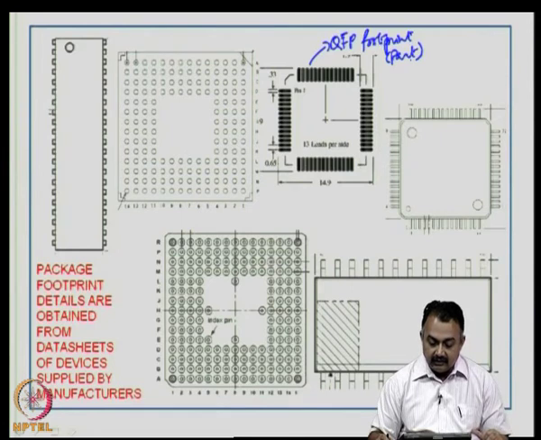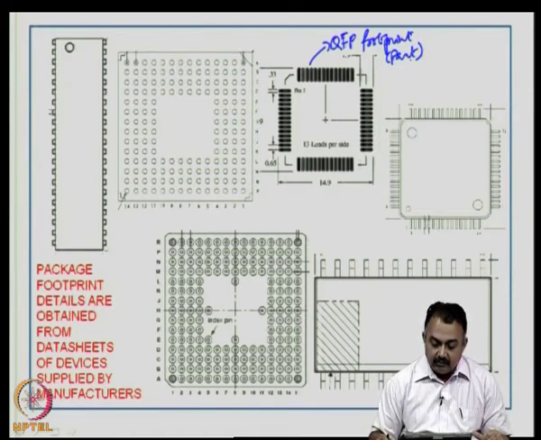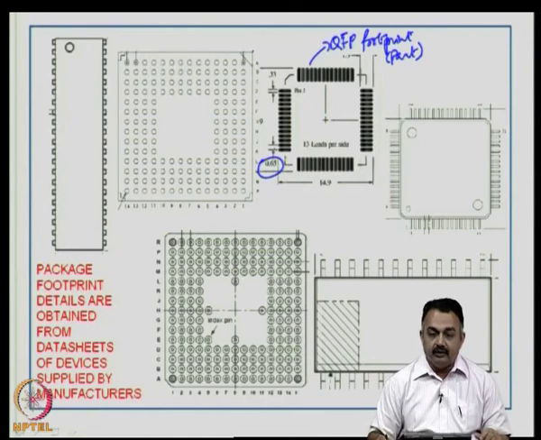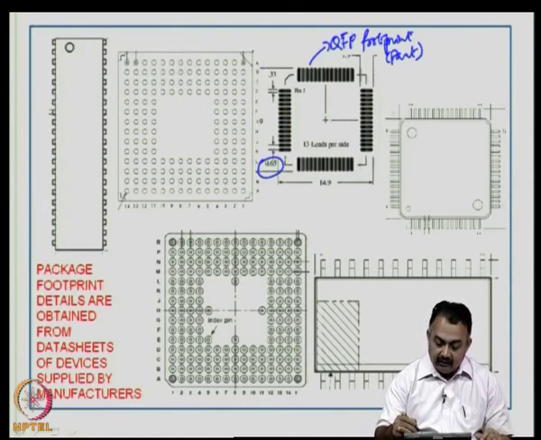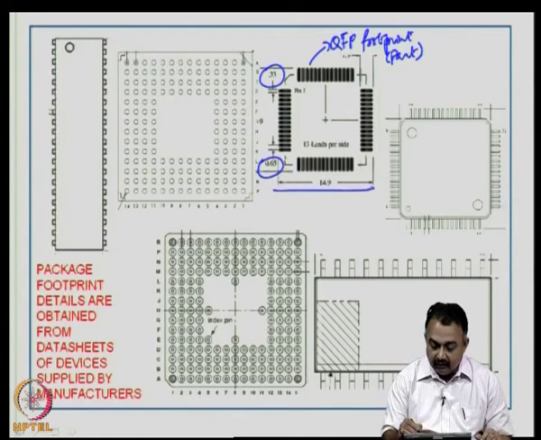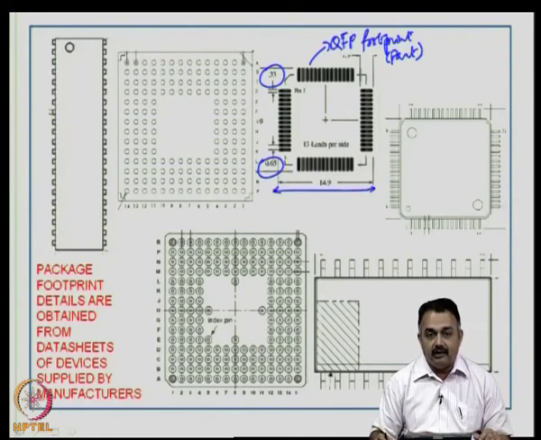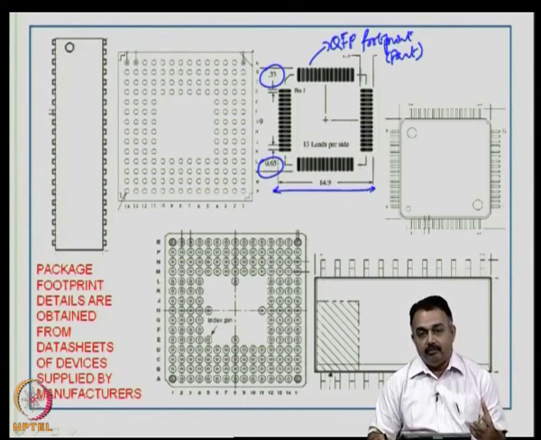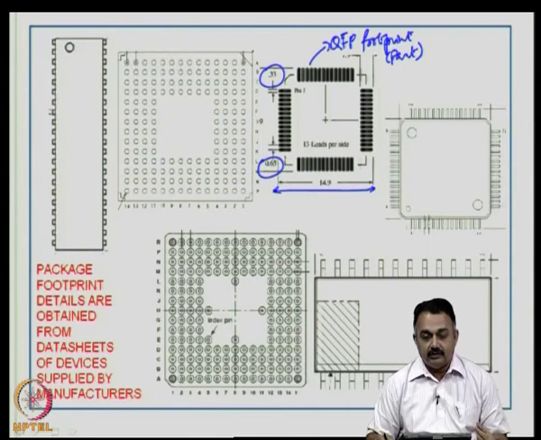It basically is a 52 pin QFP, 13 leads per side, and the distance between each pin is well indicated. For example, here it says it is a 0.65 mm pitch QFP, and the thickness of each pad is also indicated here, 0.33, and the total package outline dimensions are also indicated. If you want to edit or create a new part, you can utilize this information and store it.